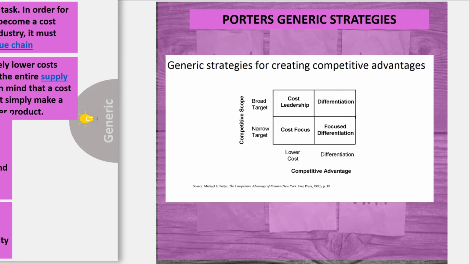With Porter's generic strategies for creating competitive advantage, you either take a broad target approach with cost leadership or differentiation, or you take a narrow target focused on cost focus or focused differentiation. On the left hand side you've got the competitive scope, and on the right hand side you've got the competitive advantage, how you actually want to gain your competitive advantage.